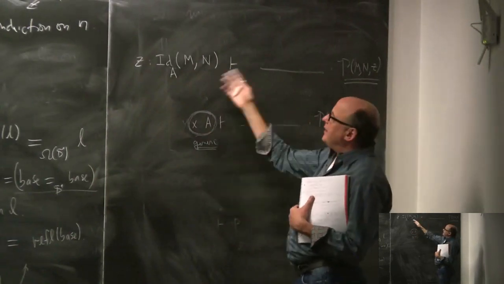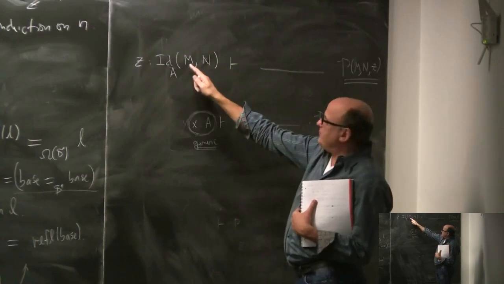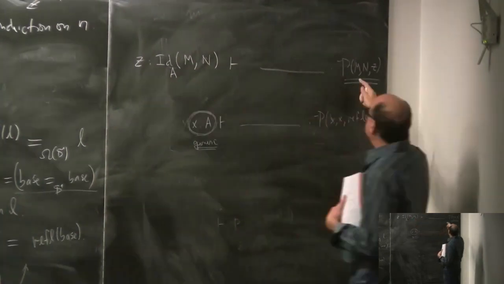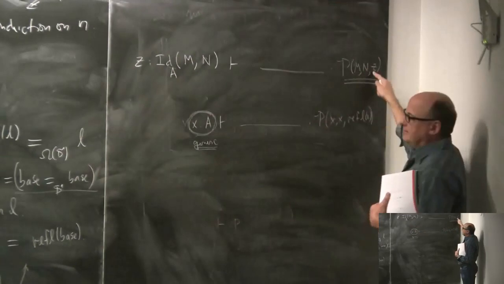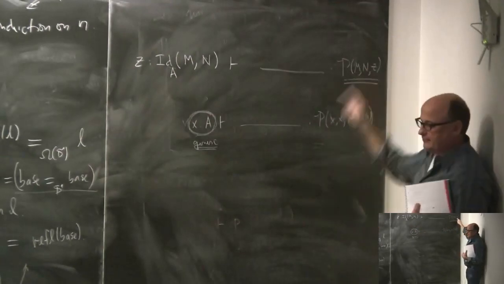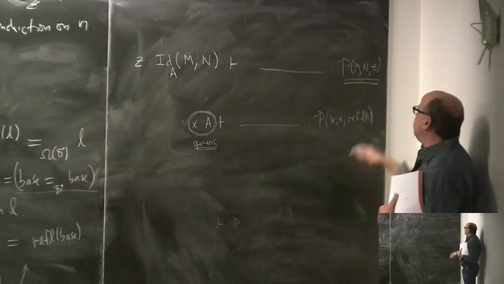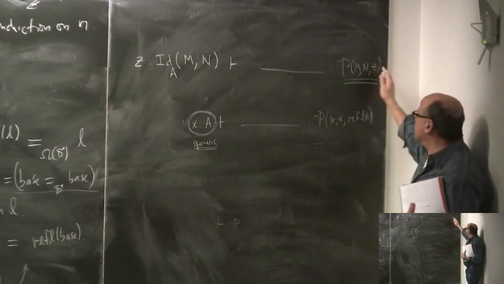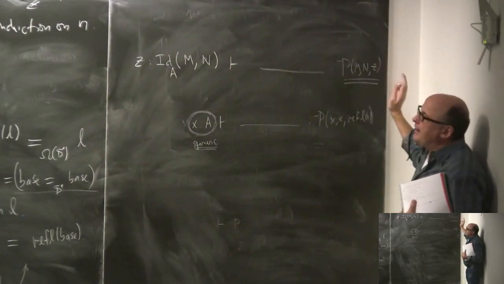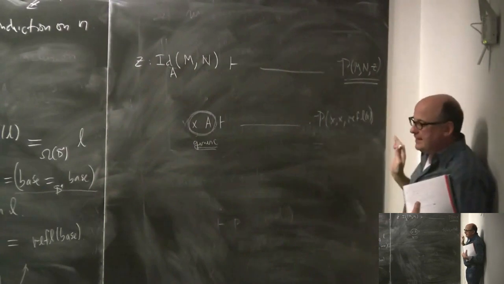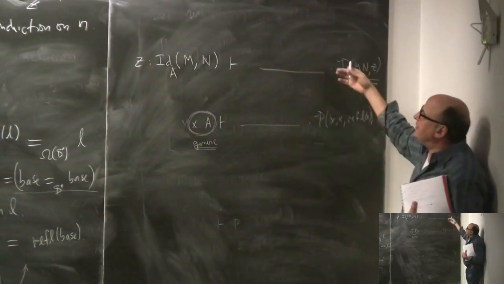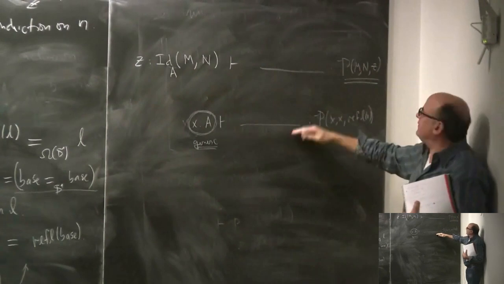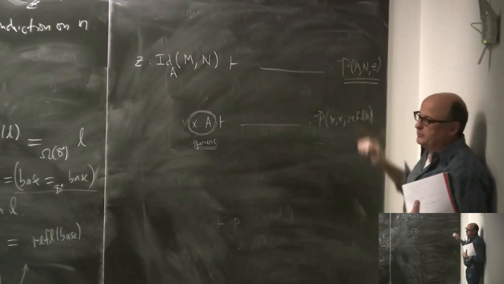So I want to get something about base in S1, and I want to get something at base and Z. That's what I'm trying to prove here. It's base equals base. So if you could do this part, then you would be good. You would actually be able to instantiate it.